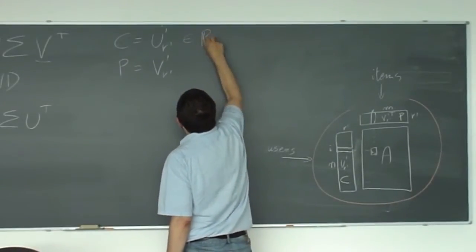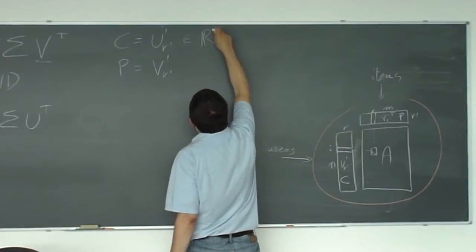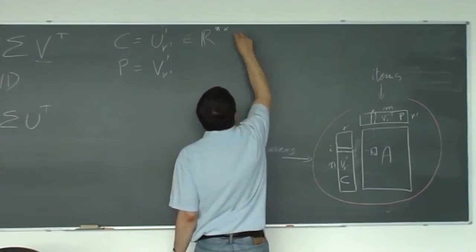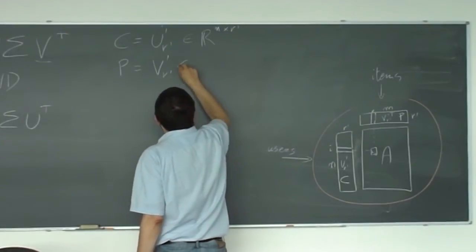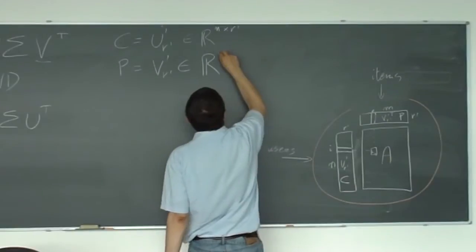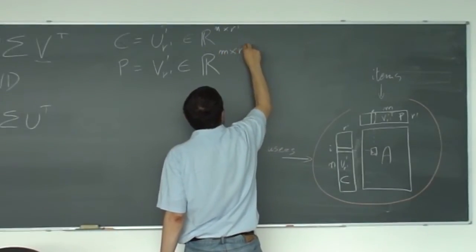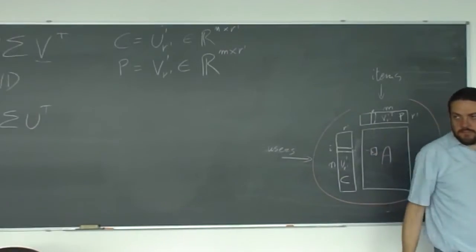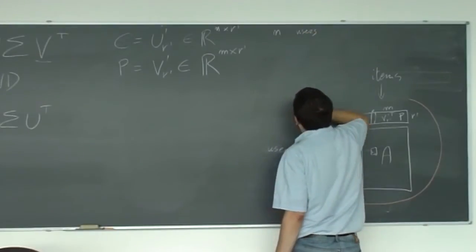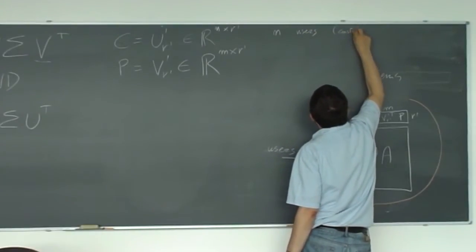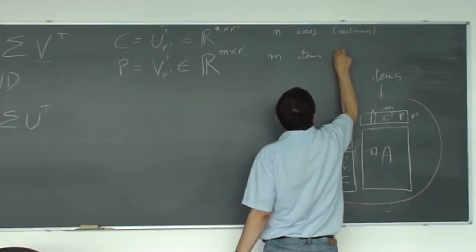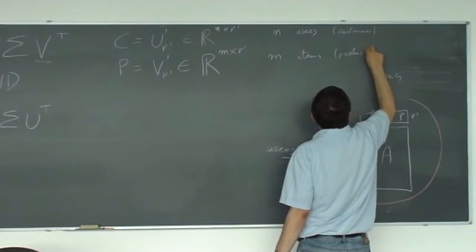This is, of course, a real-valued matrix with n rows and R prime columns, and P is a real matrix with m rows and R prime columns, where we have n users, customers, and m items, products.